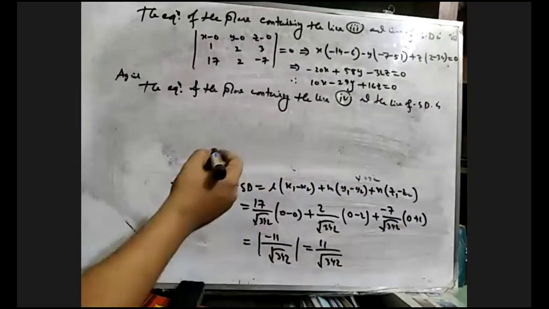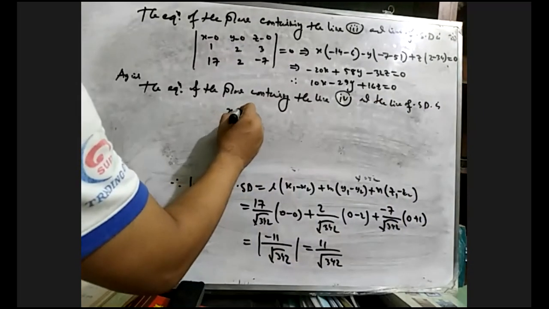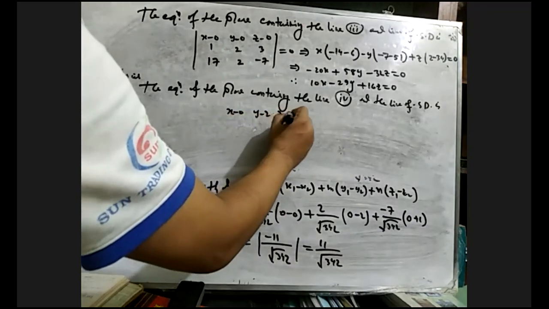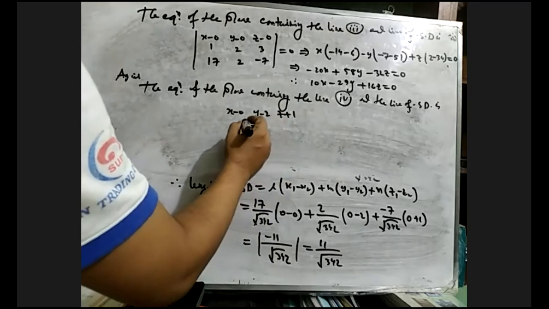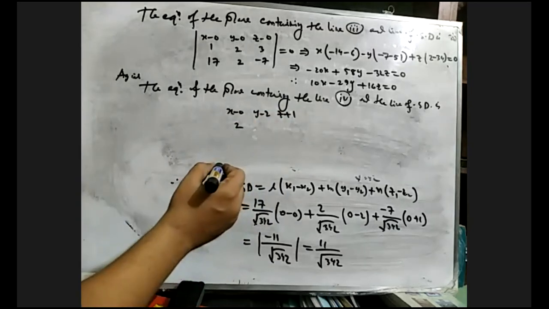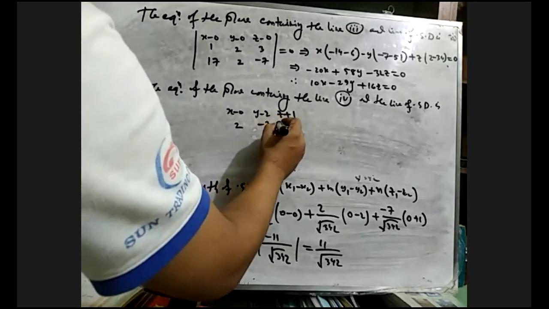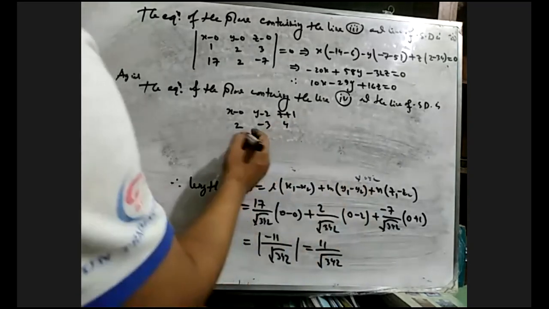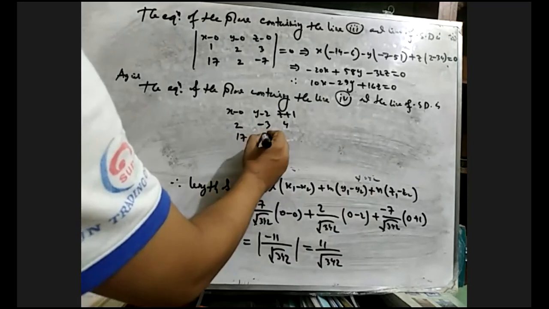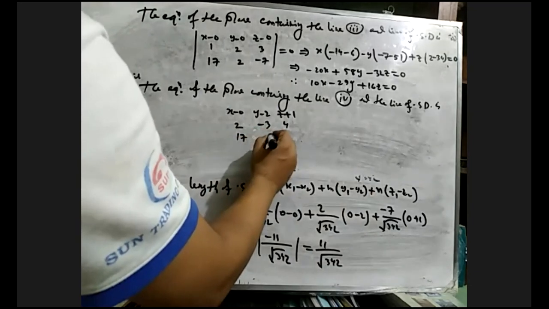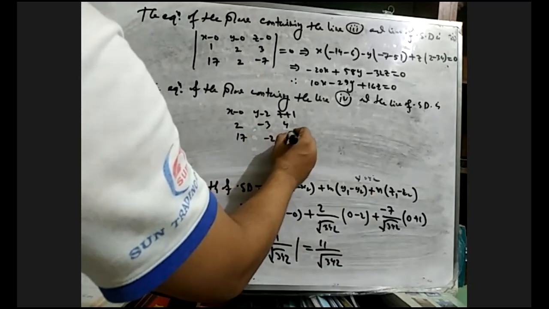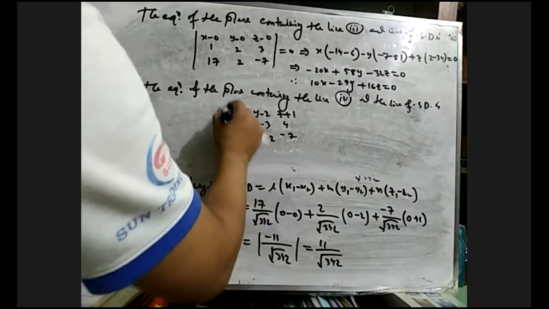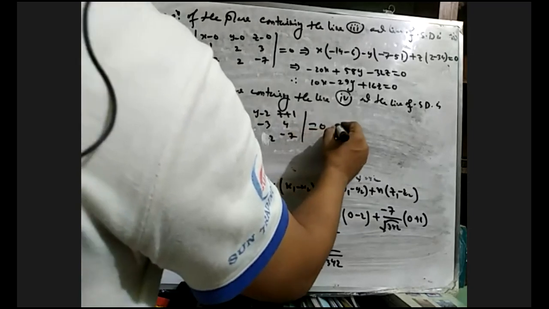From line 4: x minus 0, y minus 2 and z plus 1. Direction ratios were 2, minus 3, 4. And direction cosines 17, 2, minus 7. The third row is the same, minus 2, minus 7, this will be plus 2. So this equals 0.